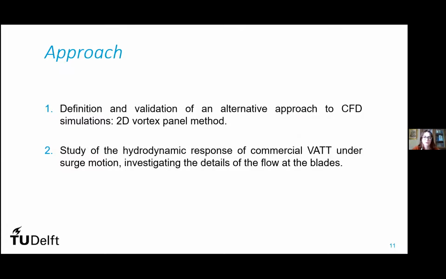So finally, my approach in my graduation project is first defining and validating a tool different from CFD simulations, in order to reduce the computational time, which is in this case the vortex panel method, and finally using this method in order to study the hydrodynamic response of a commercial vertical axis tidal turbine under intense surge motion.